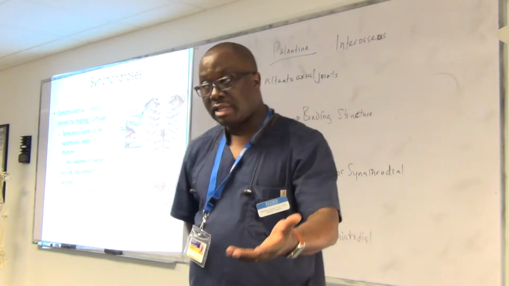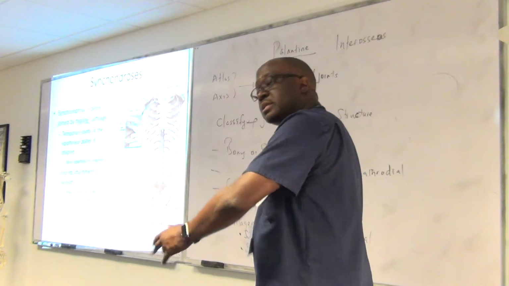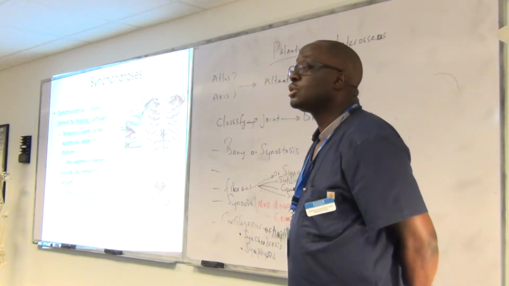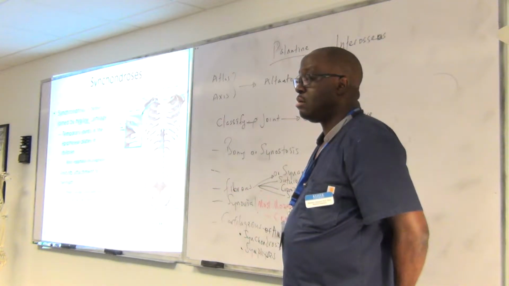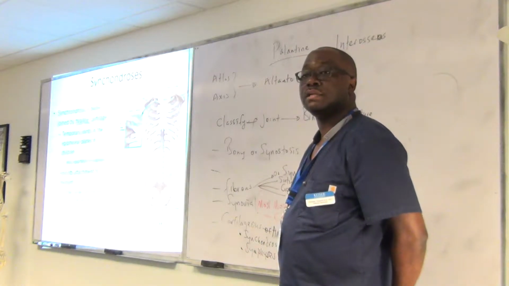In another sense, I'm asking what is pituitary dwarfism and what is achondroplastic dwarfism? Which one is the long bones?